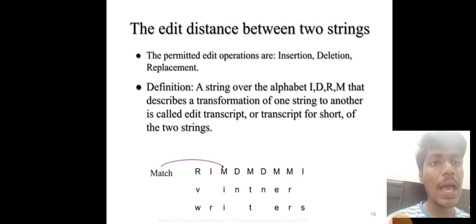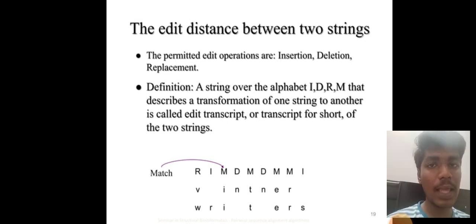Here the transcript R I M D M M I: R means replace, I means insert, M means match, D means delete. So we can convert those strings. Coming to V and W, R means it should be replaced: V should be replaced with W. Next, I means insert.